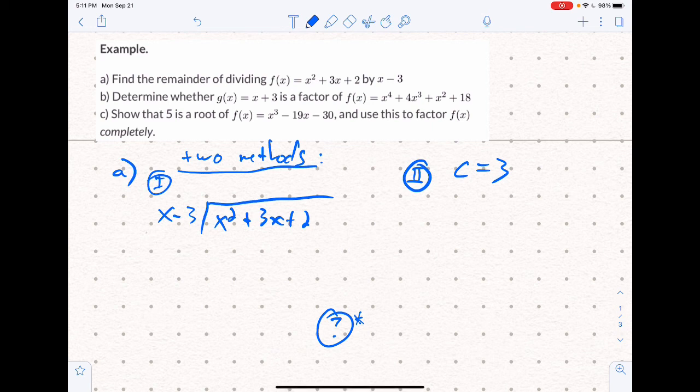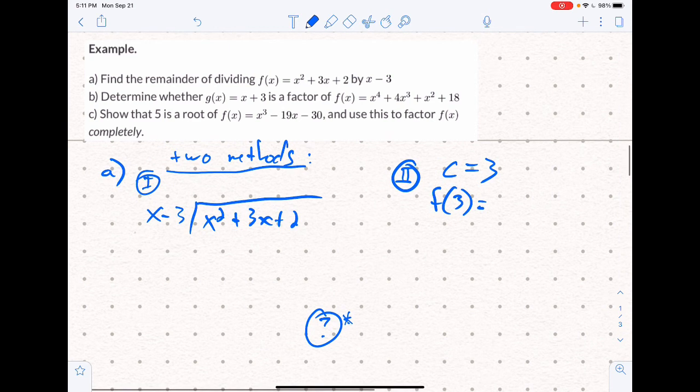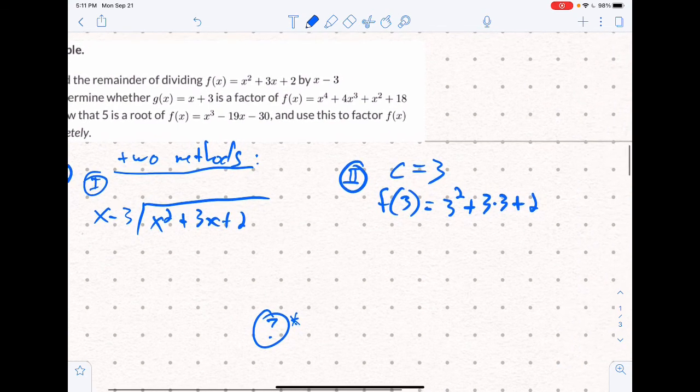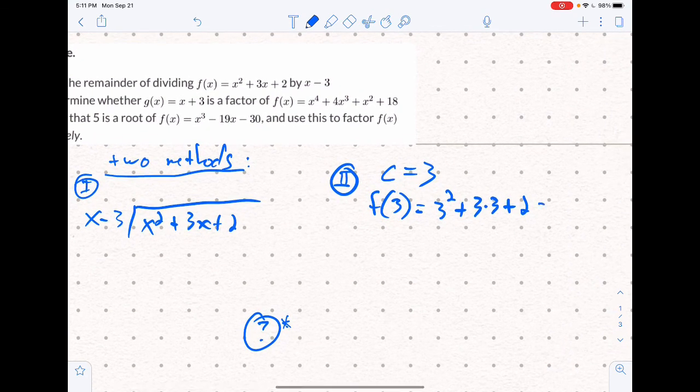If we plug that into our function, f of 3, just substituting in, it's x squared plus 3x plus 2, so it's 3 squared plus 3 times 3 plus 2, which is 9 plus 9 plus 2, which is equal to 20.